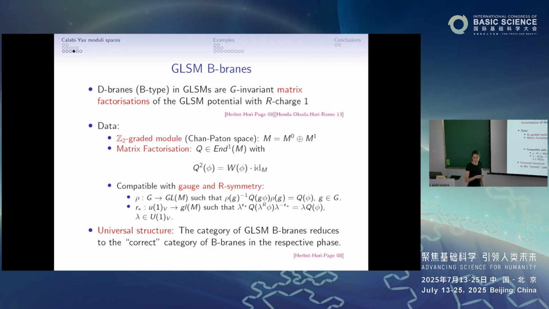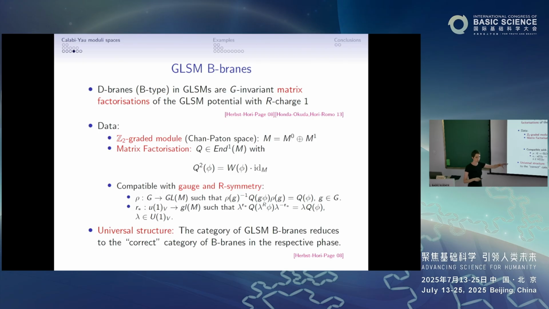So this is a very, very non-geometric description of a B-type D-brane. It doesn't rely on cycles and vector bundles everywhere. And this is also maybe one first hint on the universal structure that we see in the description of certain objects. No matter how we describe the phase, the IR description, the UV description of a B-brane will always be this matrix factorization.